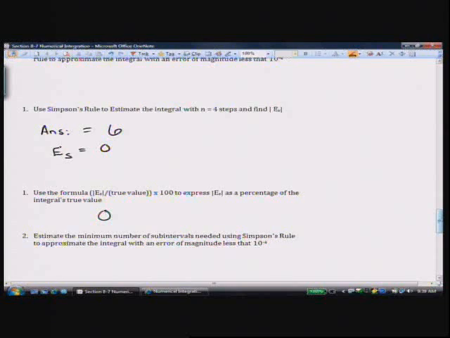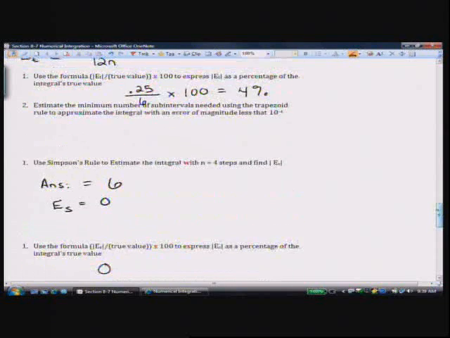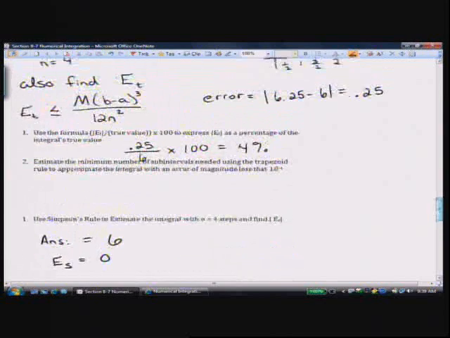Okay, so now another type of question that you're going to be asked on the homework is to estimate a minimum number of subintervals that you'll need for an approximate error. That's when you're going to use these formulas.